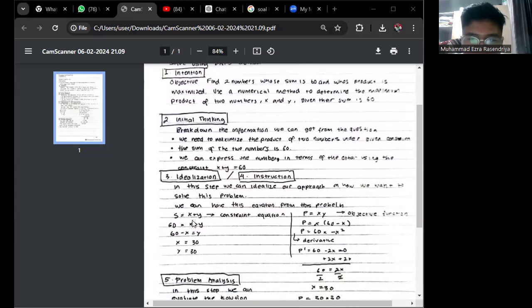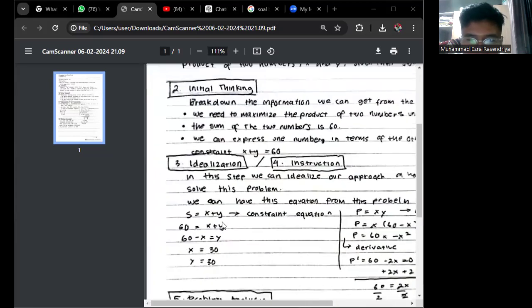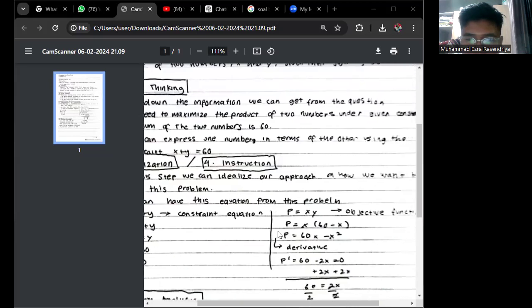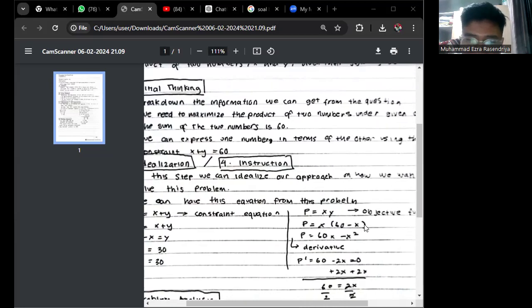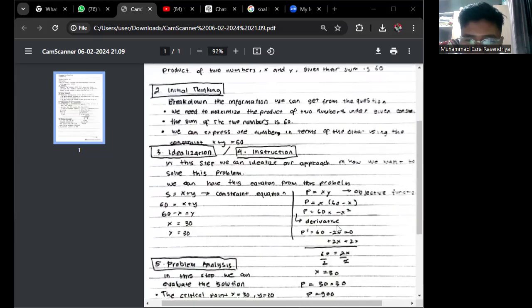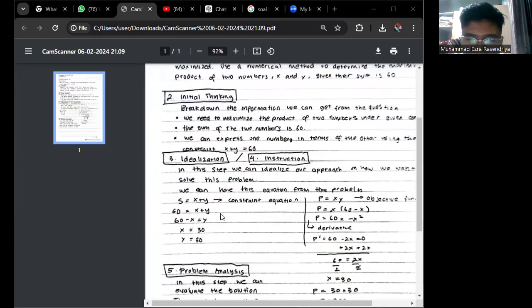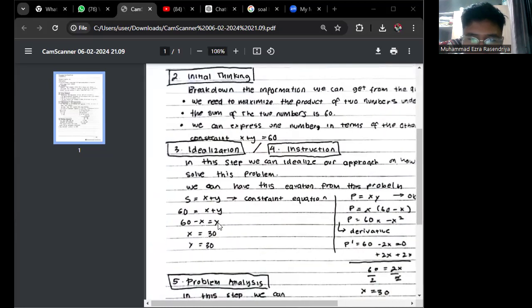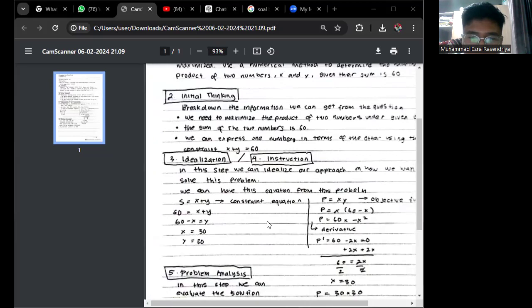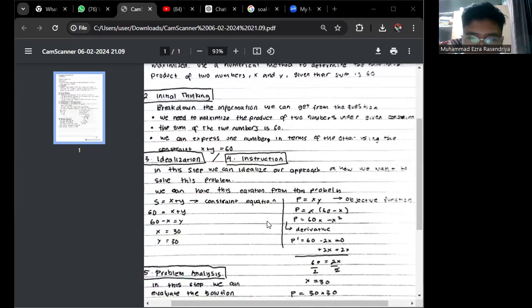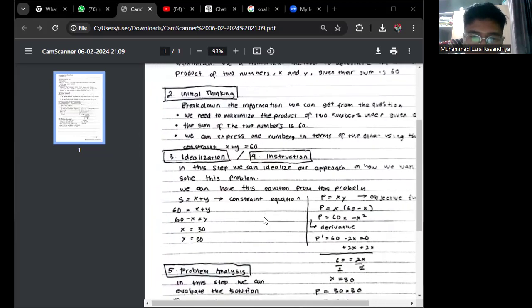This is a constraint equation, and we have the product, which is x times y, which is our objective function. Okay, from this we can calculate, which is where we move on to the next step, which is instruction, where we already have these two functions, and we can try to solve it.